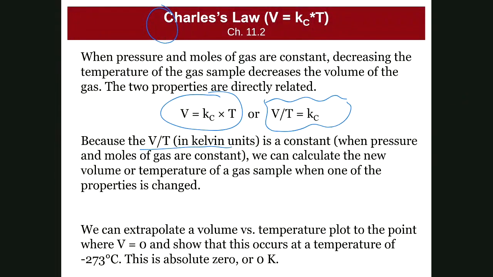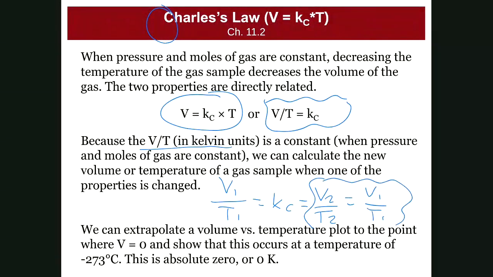So V1 over T1 is equal to Kc, which is equal to V2 over T2. And this is how we're going to calculate a new volume or a new temperature from an old volume and an old temperature.